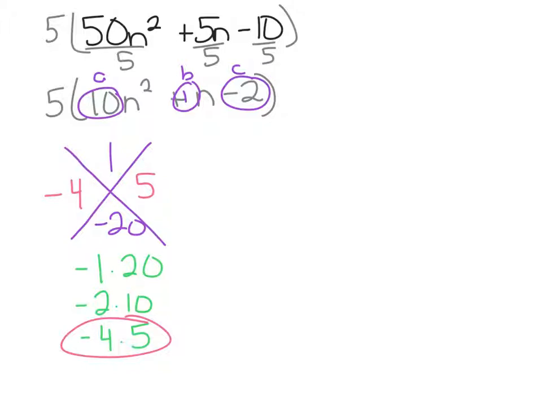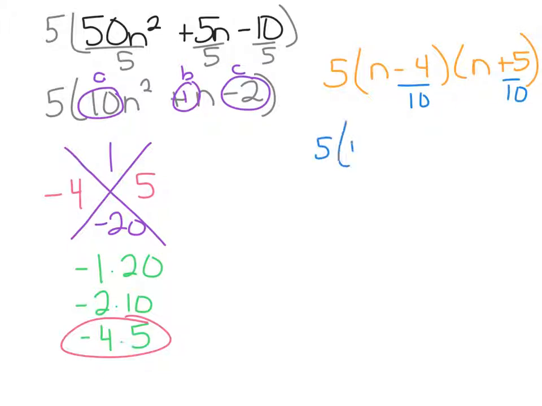Now we can write our two binomials. And don't forget to include the 5 at the front. So you have n minus 4, n plus 5. Then we divide each of these by a, which in this case is 10.